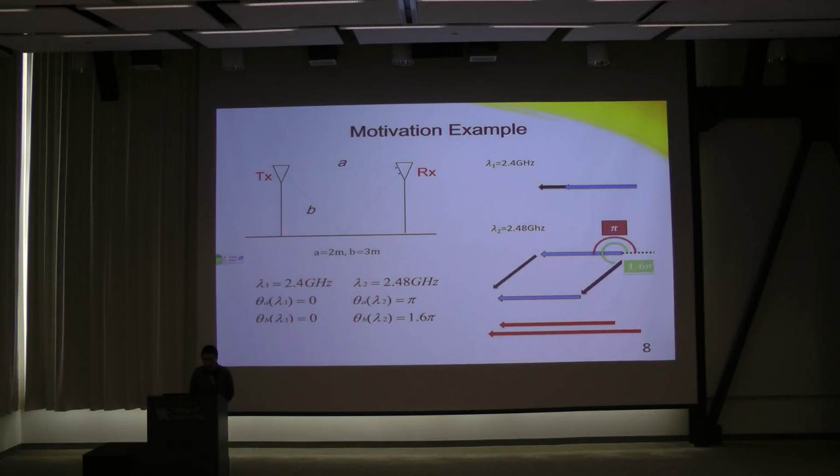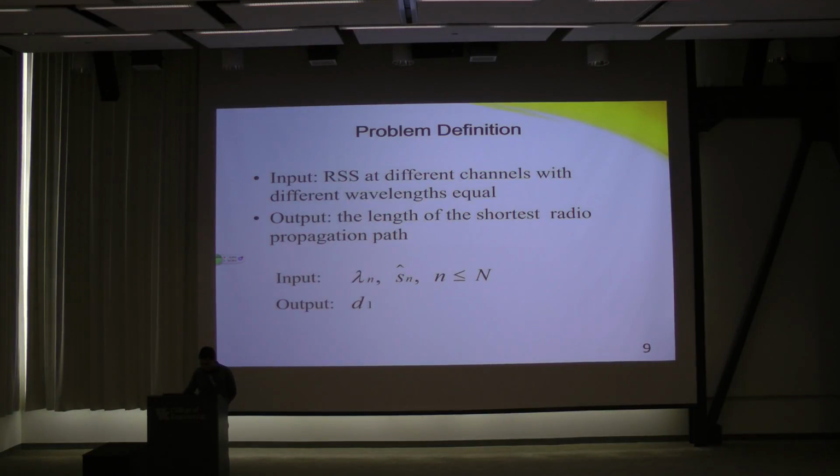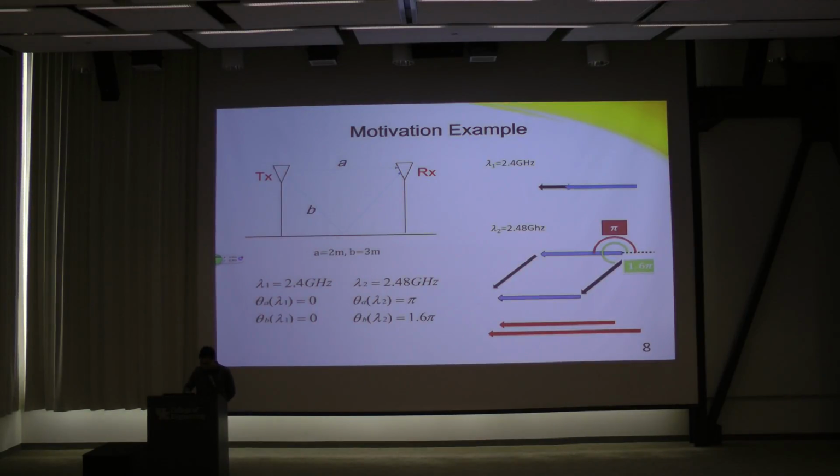Two RSS are different because the phases are different. After we show the motivation, from this difference we can get the phase information.